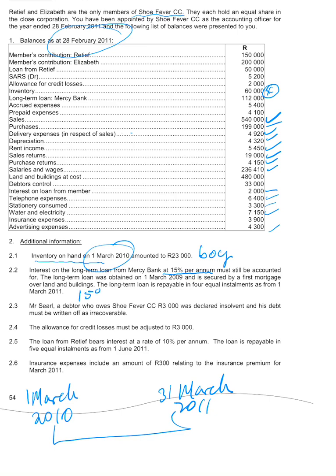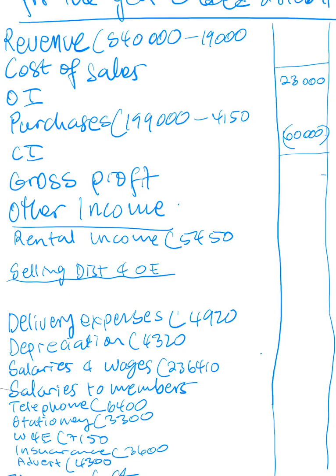In the current year, it will be 15% multiplied by, where is the loan? The loan from Mercy Bank, yes. They are saying that it is 112,000. So it will be 15% times 112,000. 0.15 times 112,000 will give us 16,800.